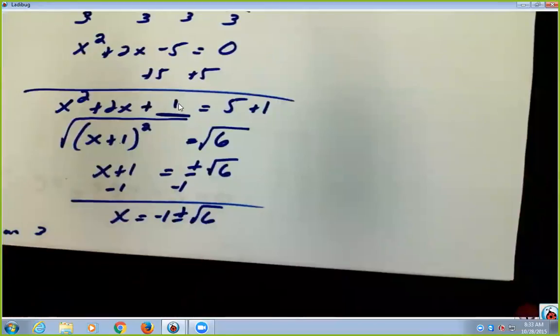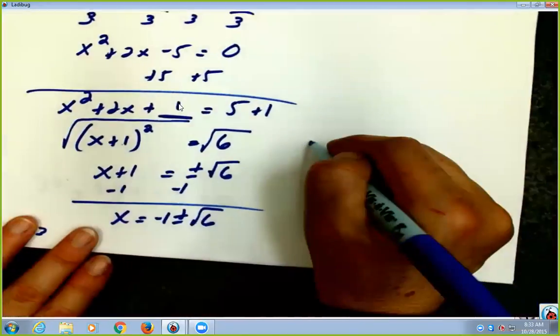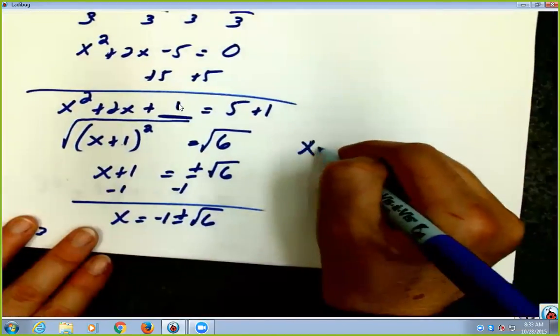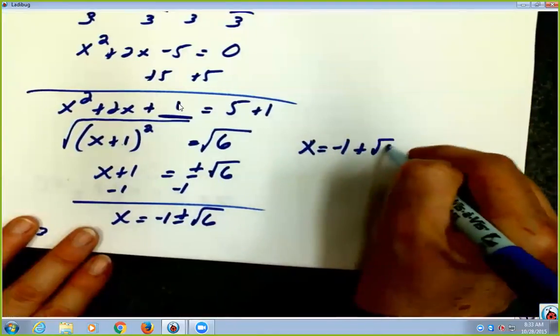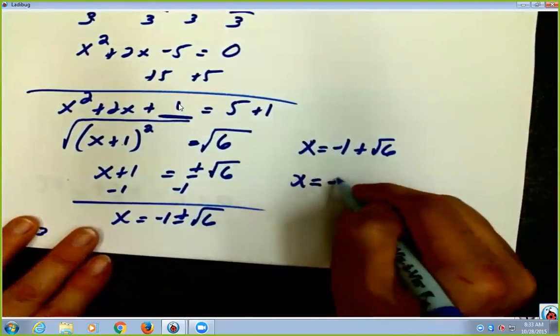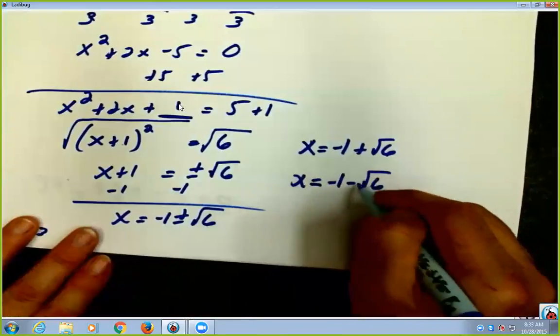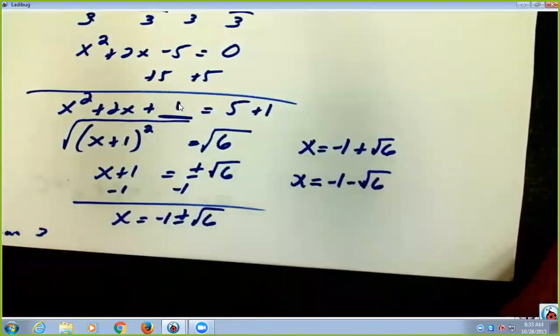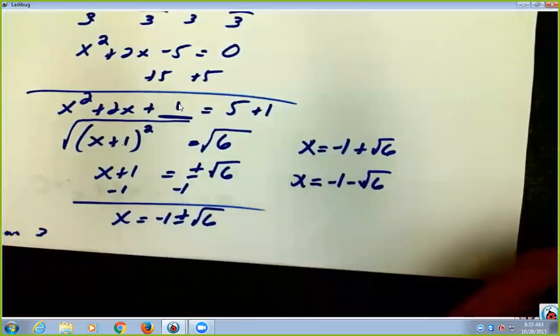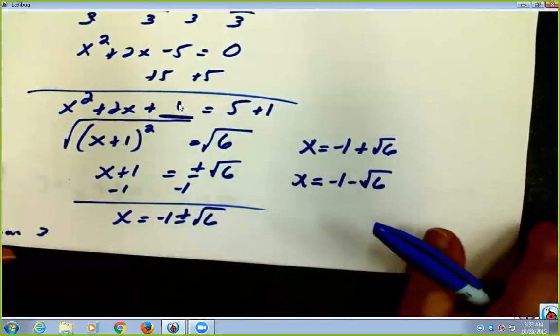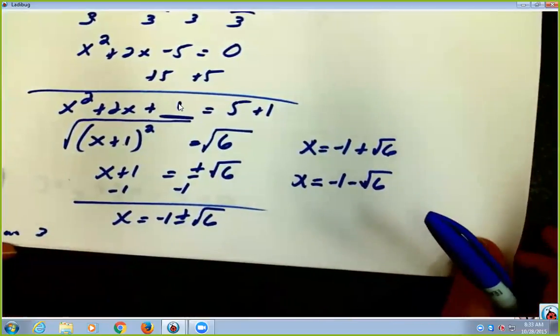So I have 2 answers. My 2 answers are x equals negative 1 plus the square root of 6, and x equals negative 1 minus the square root of 6. So that becomes my piece to this. All right? Yes? No? Okay.